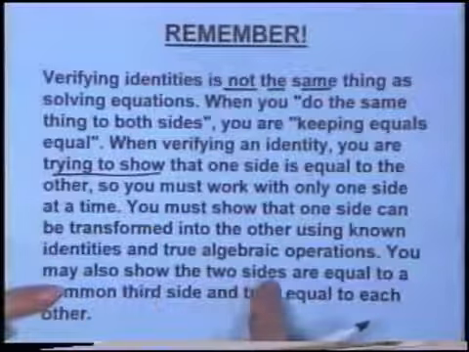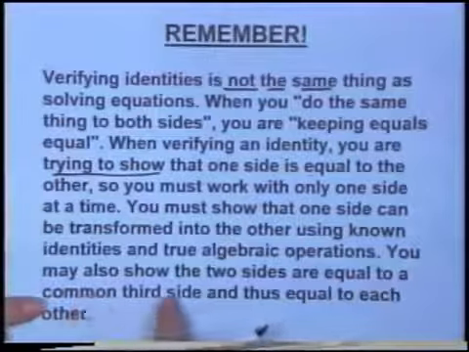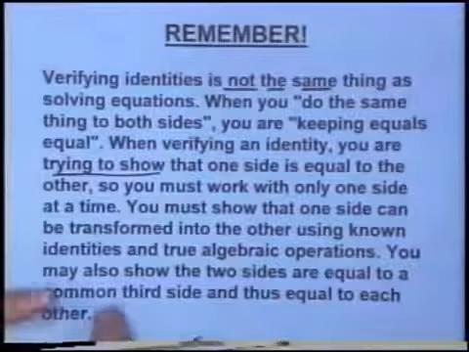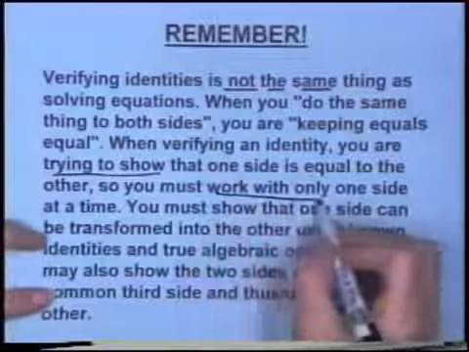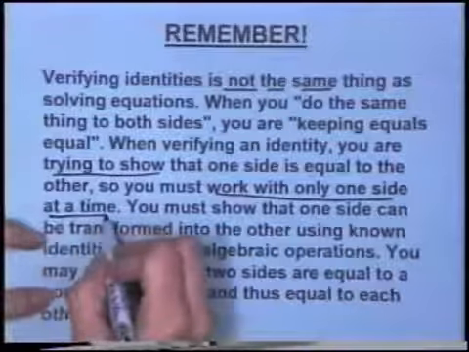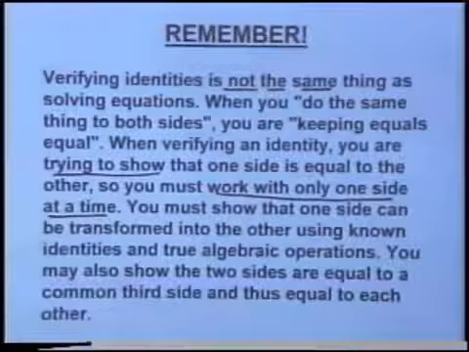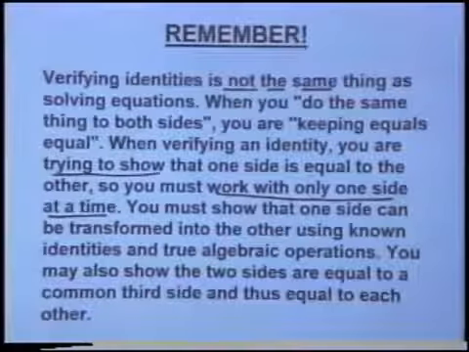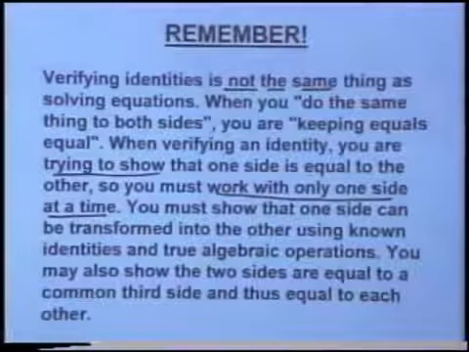You may also show the two sides are equal to a common third side and thus equal to each other. This is the key. Work with only one side at a time. Don't be tempted to do the same thing to both sides when you're solving or verifying these trig identities.